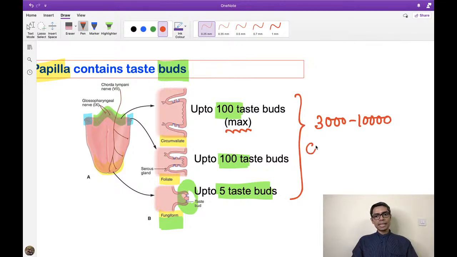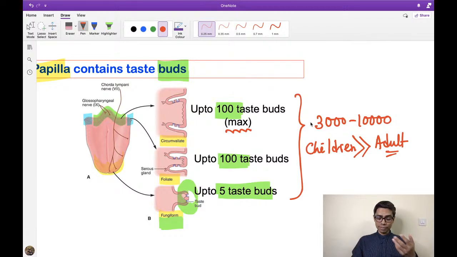And also remember, in the case of children, this number is more than that of the adult, right? So if you count all of these taste buds, there are around 3,000 to 10,000, and these numbers are higher in children.